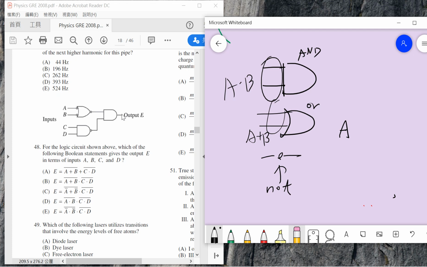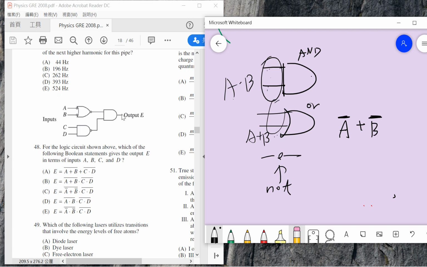Right, because in AND you need 1 times 1 to give 1. So if this has a 1, then all of them must be 1. So we have not a, and we have not a. So this is OR, so we have not a plus not b.